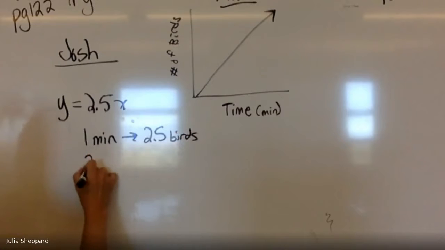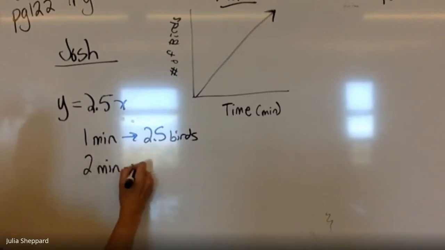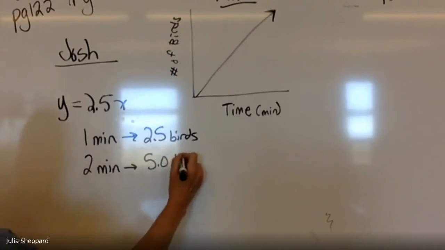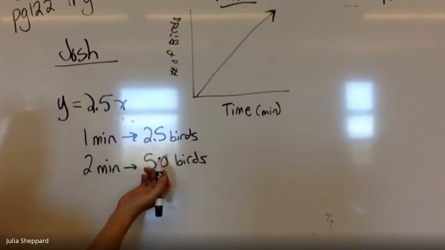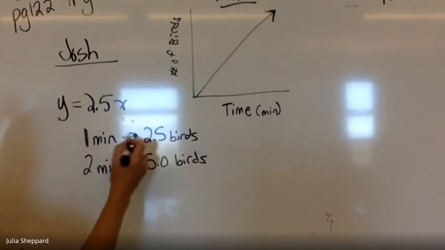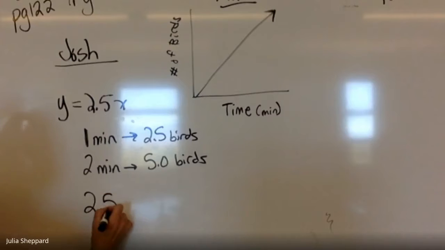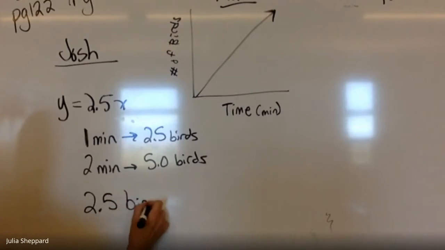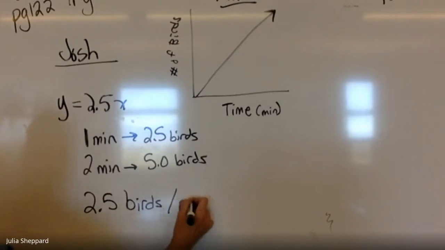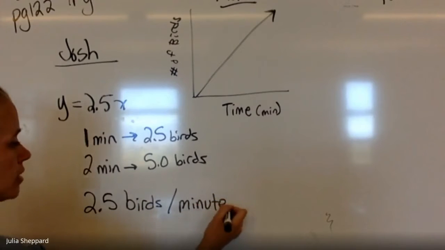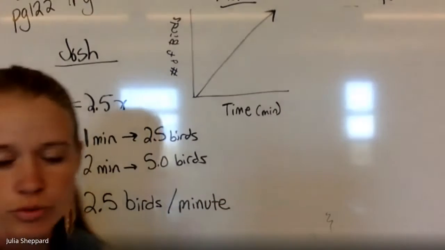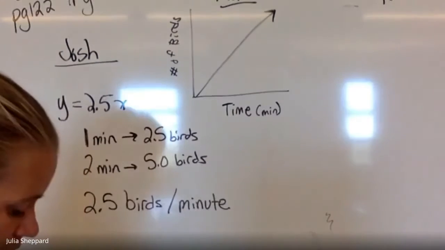And that would mean also if he worked 2 minutes, that makes 5 birds, right? But his rate is actually just the 2.5 over 1. So he makes 2.5 birds per minute, okay? So like he's halfway through the 3rd bird when he's on the minute.